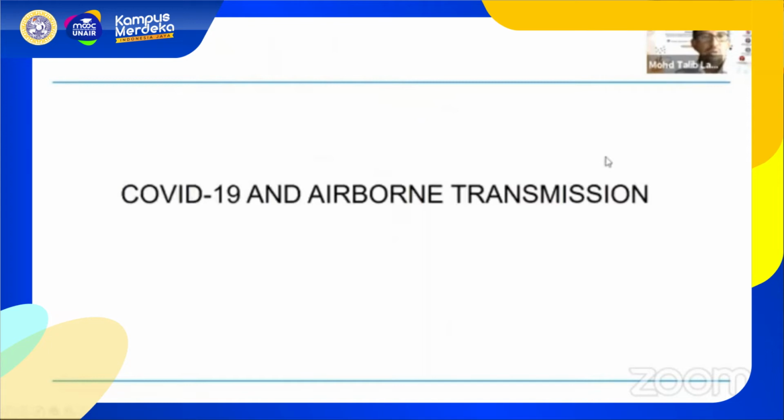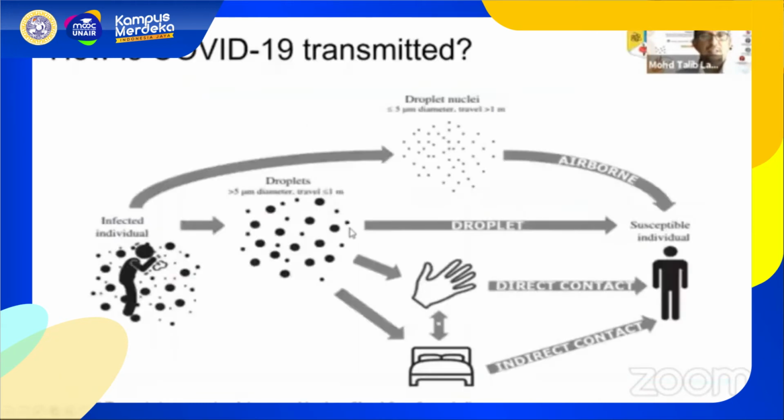So now I want to go to COVID-19 and airborne transmission, after I tried to show the connection between air pollution and COVID-19 cases. Now it's COVID-19 and airborne transmission. Just as information, I think everybody knows that people can be infected through surfaces, as at first we mentioned, when people touch a surface.